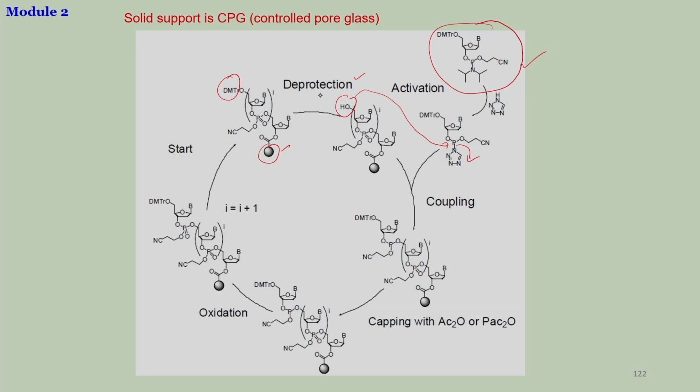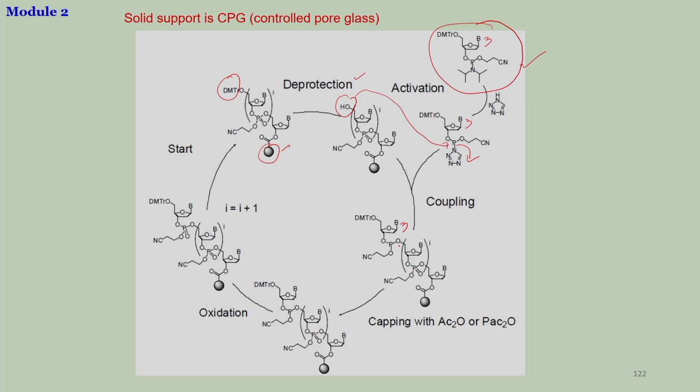This is the coupling, meaning you are joining the solid phase with the new nucleobase. Let us say here is your B3. Your B3 is now attached to the solid phase along with the others. So, coupling is done, your essential part is done here.